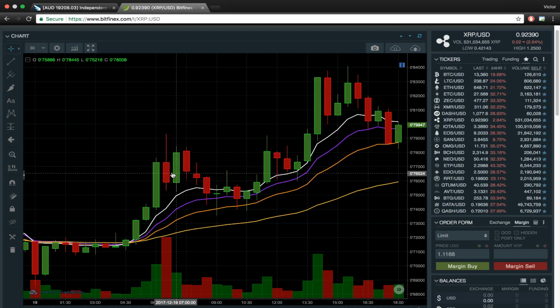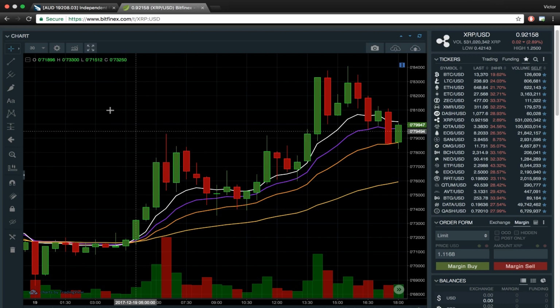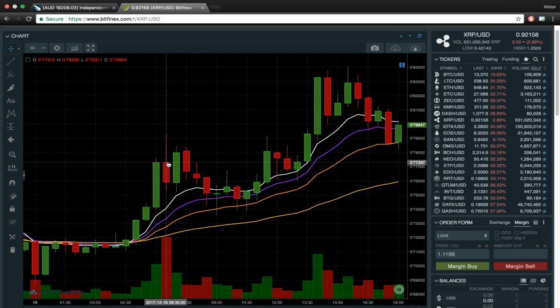So what a red candle effectively means is that at some point the price started here. During this 30-minute period, the price started here, exactly at 77 cents, for example, here on Ripple. And then the bears were able to sell it all the way down to at least here at some point.